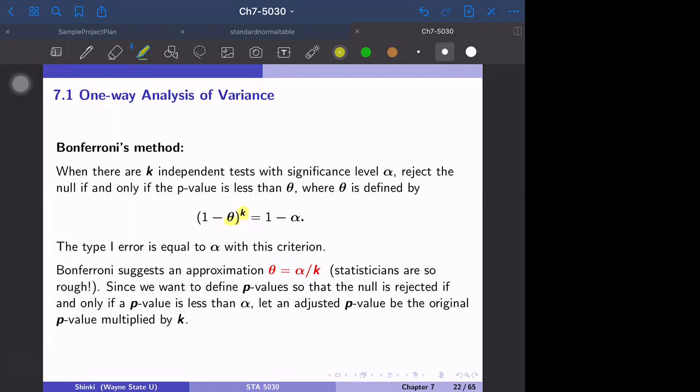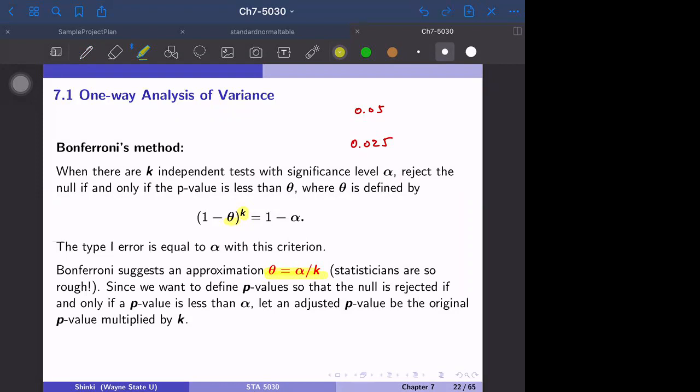Approximately theta is alpha over k. For example, if we set the p-value threshold at 0.025 and we do 2 tests, we have about a 5% probability to reject either of the null hypotheses. So approximately we set theta equal to alpha over k, and this is called the Bonferroni method. This is a very rough approximation, but statisticians are rough, so we use this.